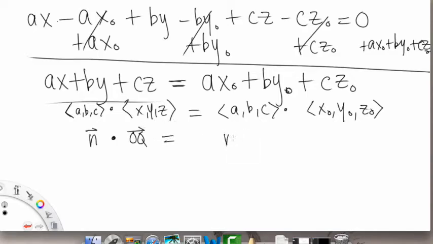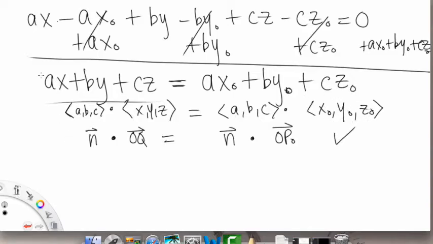And then this is n, our normal vector, dotted with OP naught, right? So this is our P naught point. So the point of this is that this, again, is another way to write an equation of a plane.